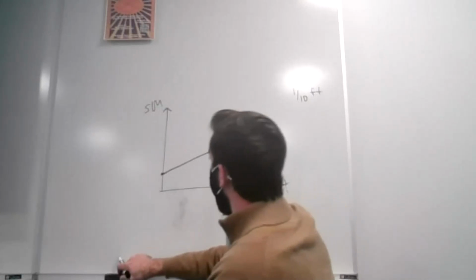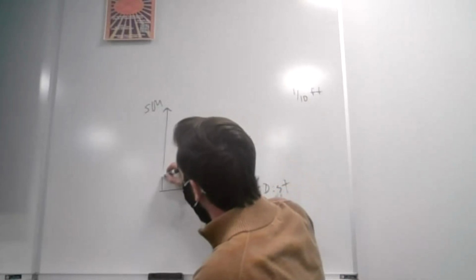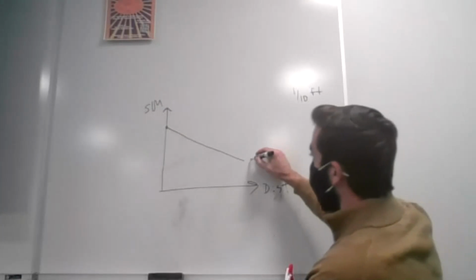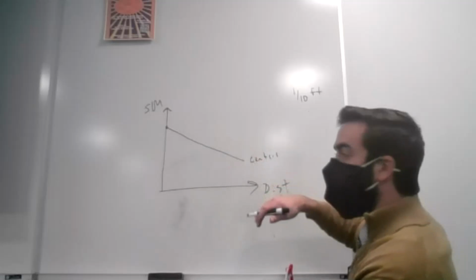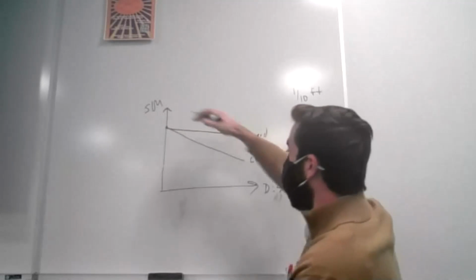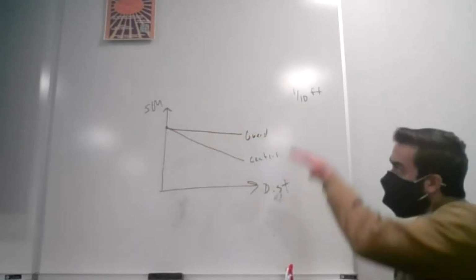Well, I forgot we have a negative effect here. Hold on. Let's say as we move further from the basket, maybe our line of best fit looks like this for centers, so it decreases quite a bit. But for guards, maybe that decrease in shot probability isn't as great. Maybe there are differences in the slopes.